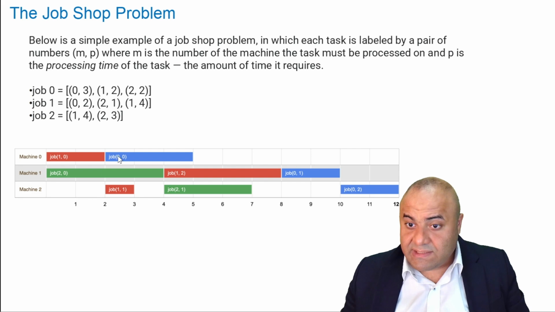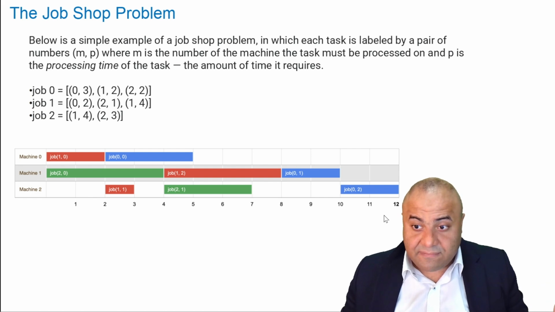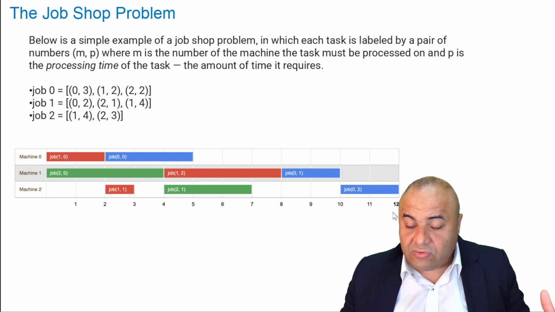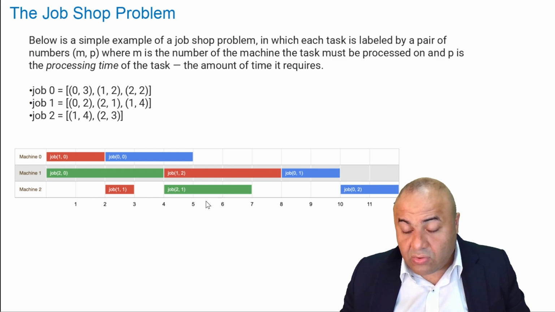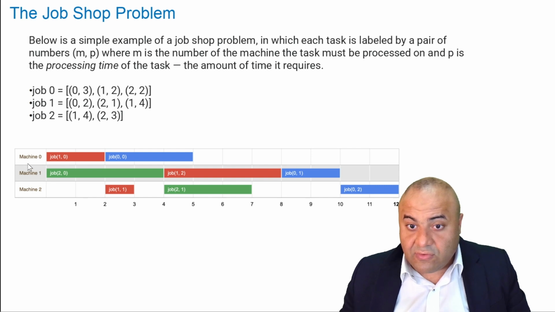As you can see in this proposed solution, the total duration is 12. So this is going to be our objective function value. That is, the total duration of 12 hours needs to be reduced.